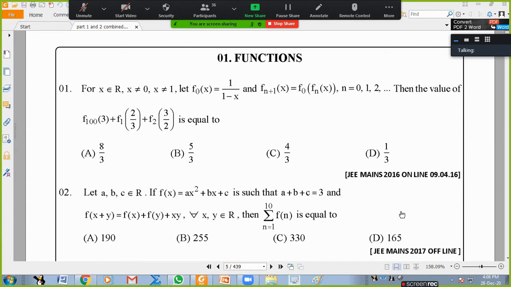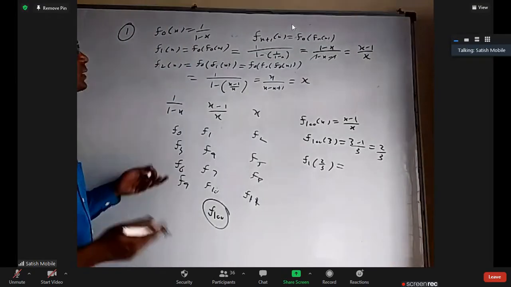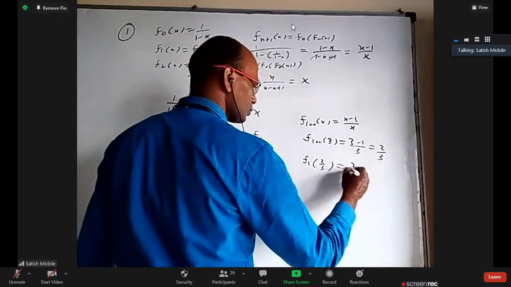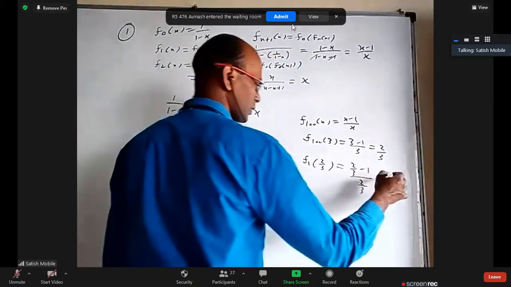F100 of 3 is 3 minus 1 by 3, which is 2 by 3. Then F1 of 2 by 3. F1 is also the same, this only. So 2 by 3 minus 1 by 2 by 3, which is minus 1 by 2.